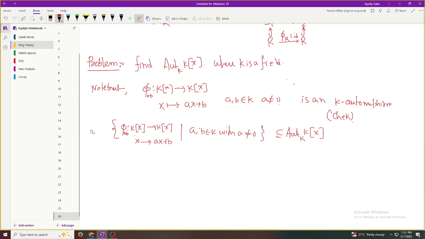I write it as sigma. So sigma is a subset of Aut_k k[x].